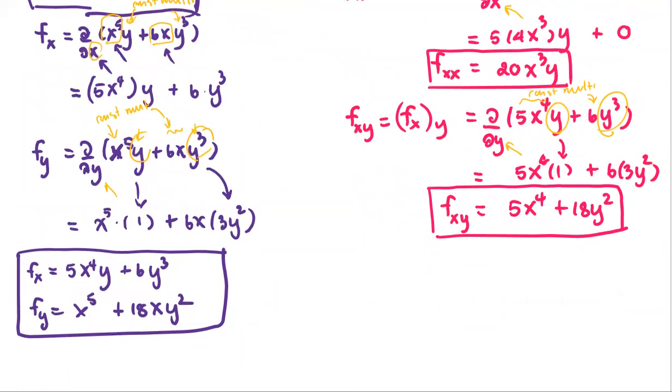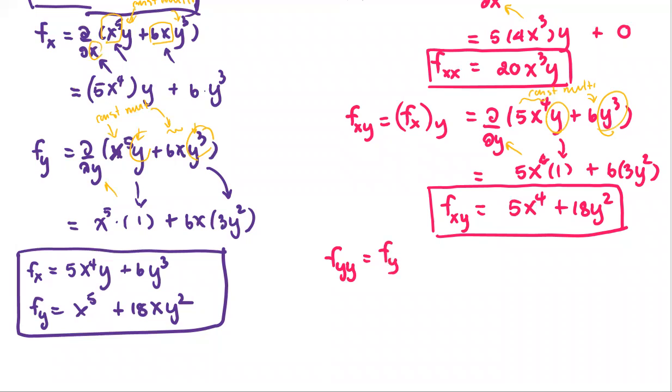Next one is fyy. Again, you have the same variable. It's not a big deal. You just repeat with the same variable. So partial derivative with respect to y of the fy, which is x to the fifth plus 18xy to the second. So treat y as the variable.